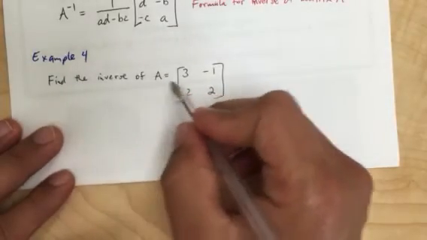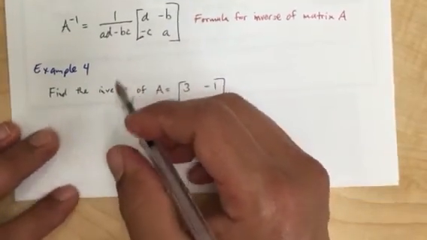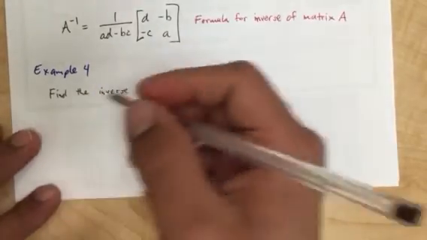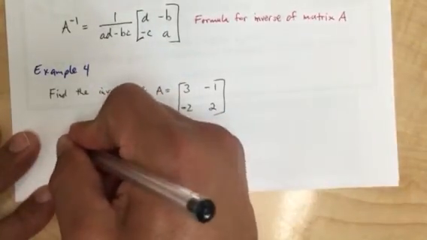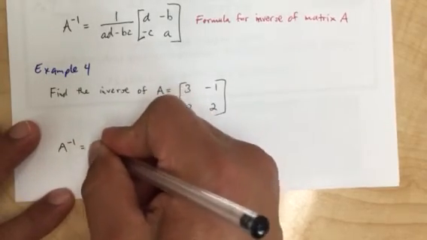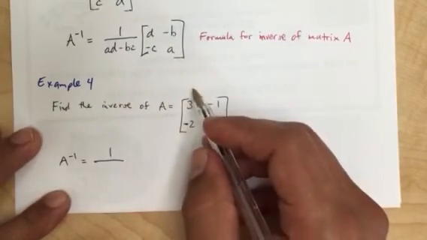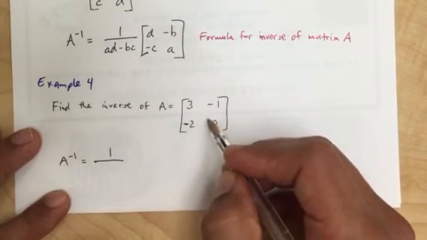In order to find the inverse of this matrix, we can use this formula because we have a 2 by 2. So we're going to calculate the matrix. The inverse matrix A is going to be equal to 1 over A, which is our 3, times D, which is our 2.